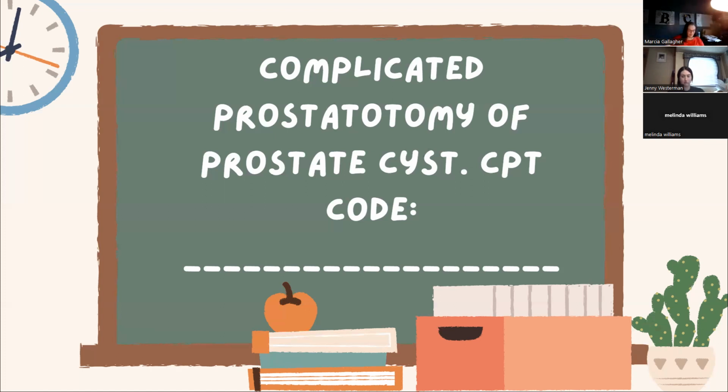So that's definitely prostatotomy, prostate abscess, any approach. Simple is 20 and then 25 is complicated. So is that what you think too, Jenny? Yeah, I think the 25. 55725 on page 434.